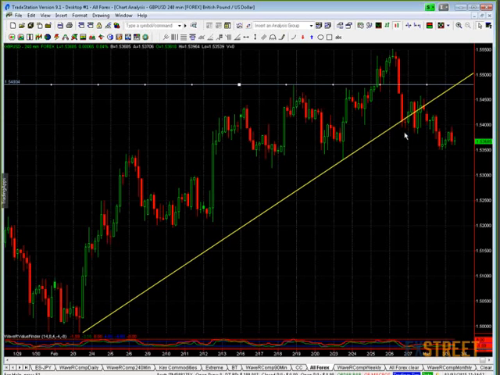So what we've got to do, we've got to add a little something in here. We've got to add something in which helps us buy at the right place and sell at the right place. At the moment, it's sort of all the wrong way around. It's upside down. It's not helping us at all.